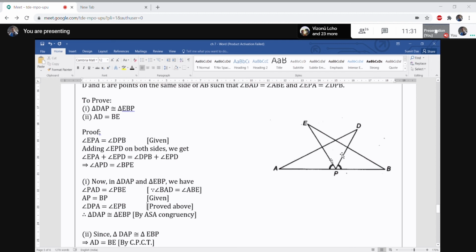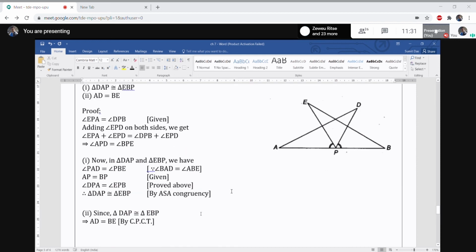ASA, because this angle and the included side are equal. So by ASA, it is congruent. So this is the number one proof. Number two proof: since DAP and EBP are congruent triangles, we can say ED and BE... AD and BE are equal by CPCT. So number two is also proved.